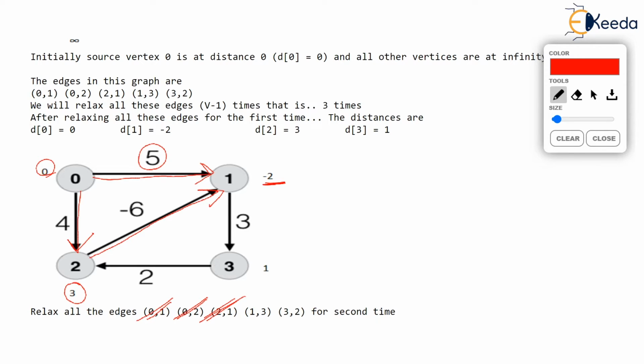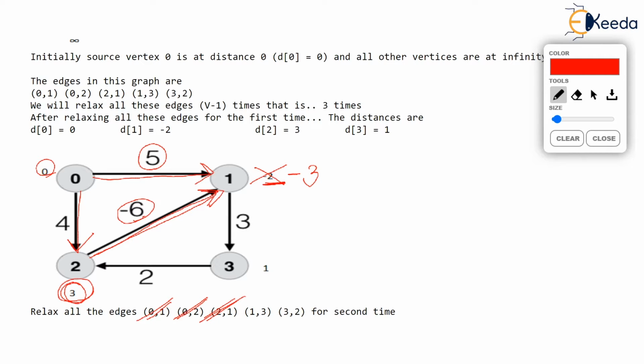While relaxing this edge 2, 1, the sum of 3 plus minus 6 comes out as minus 3, correct? And vertex 1 is right now at distance minus 2. Listen, we got a lesser distance, minus 3. Minus 3 is less than minus 2. So vertex 1 gets updated to minus 3.